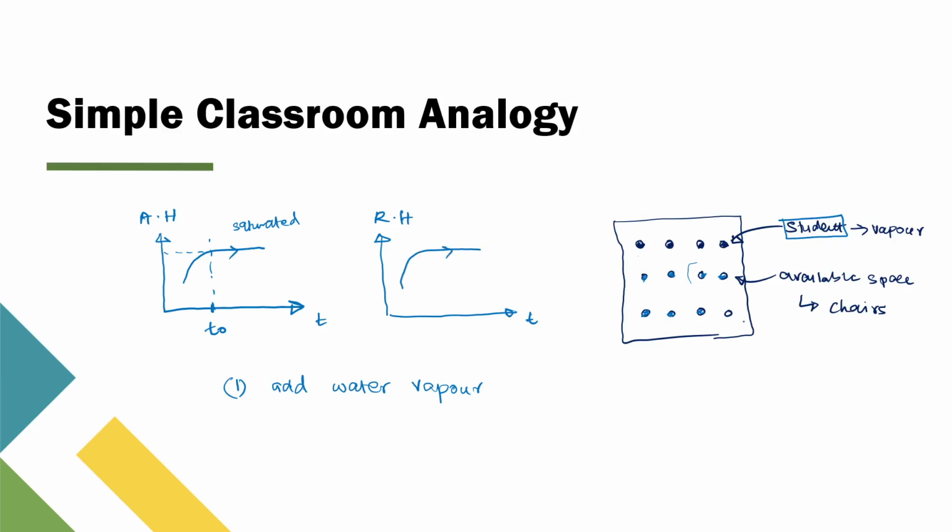But look, if we have 12 spaces and 12 students are in the classroom, the classroom is saturated and the RH is 100% at time T naught. So this is the graph we get when we add water vapor.